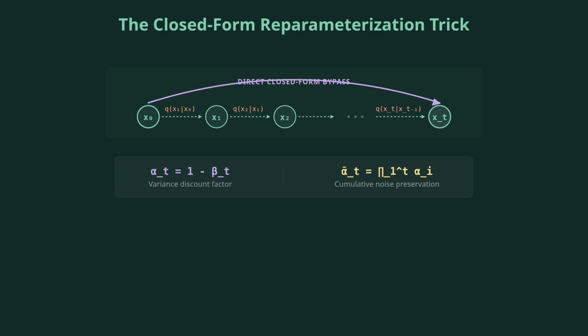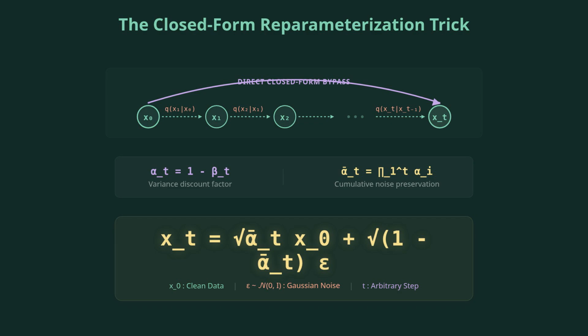By defining a new variable, alpha t, as 1 minus beta t and alpha bar as the running product of all alphas up to step t, we can express the noisy image at any arbitrary step directly as a function of the original clean image x0 and a single noise vector. This closed-form equation means we can instantly sample a noisy image at step 500 or 800 during training without having to compute the preceding 499 steps, saving massive amounts of compute.